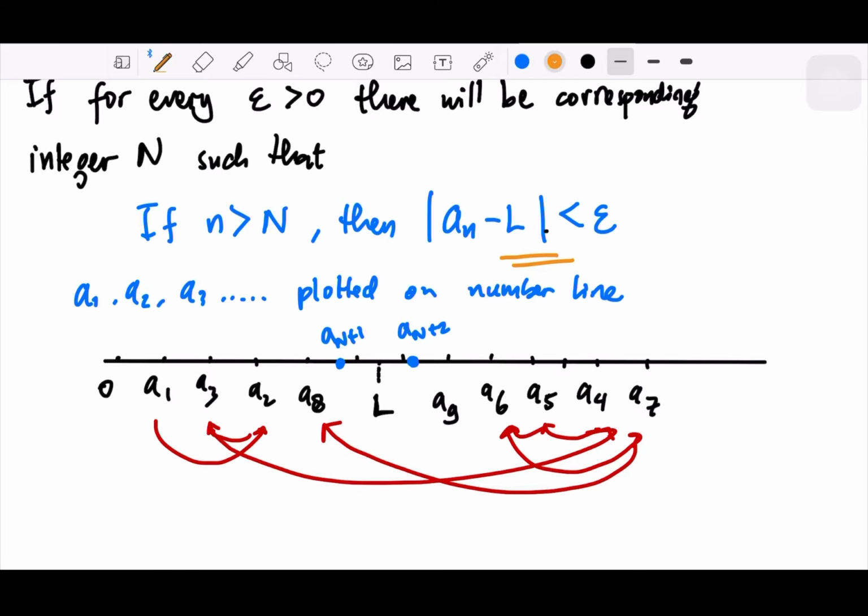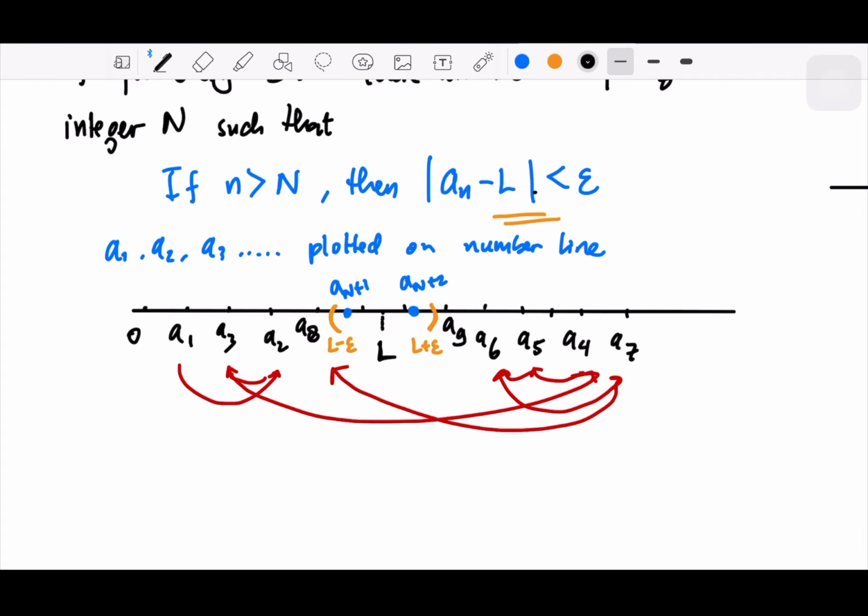And then the small gap, maybe here to here. This is going to be here, and this will be L minus epsilon. This will be L plus epsilon. So if you look here, the interval between L minus epsilon and L plus epsilon.